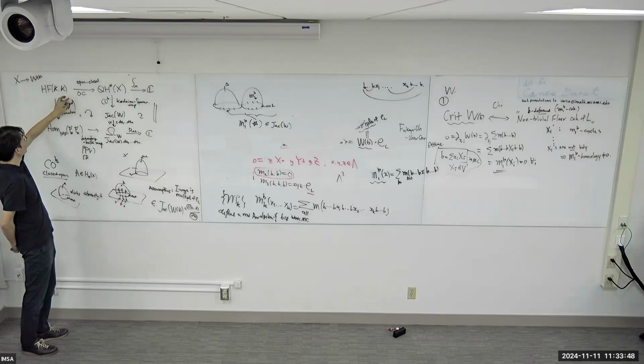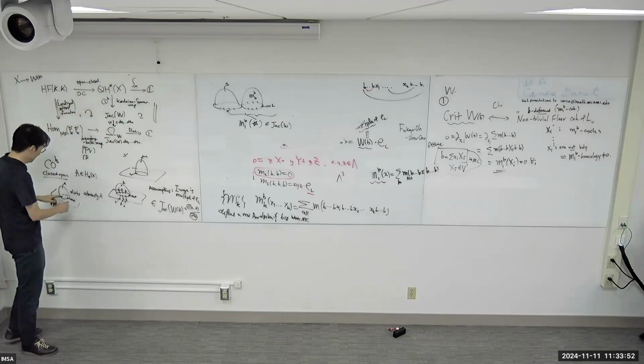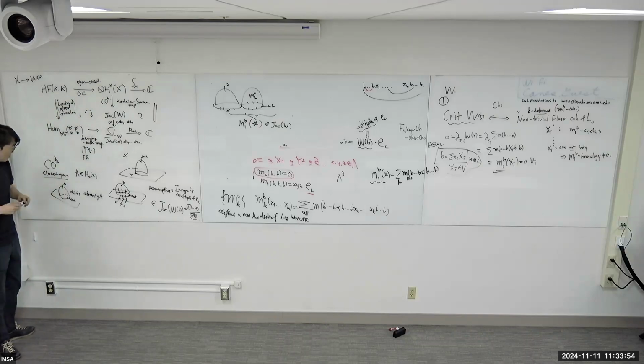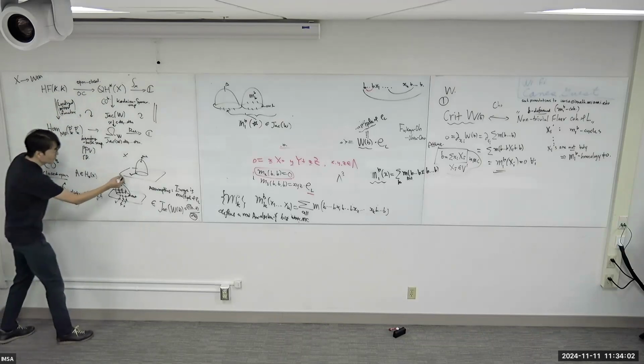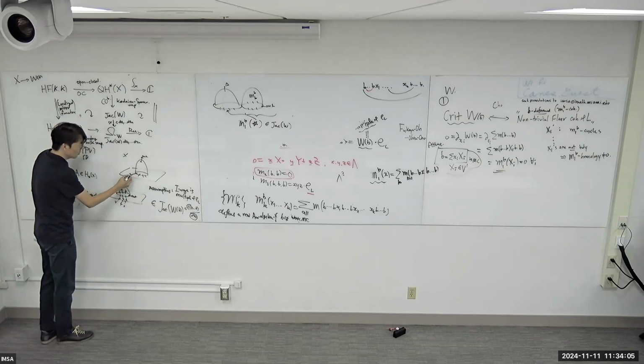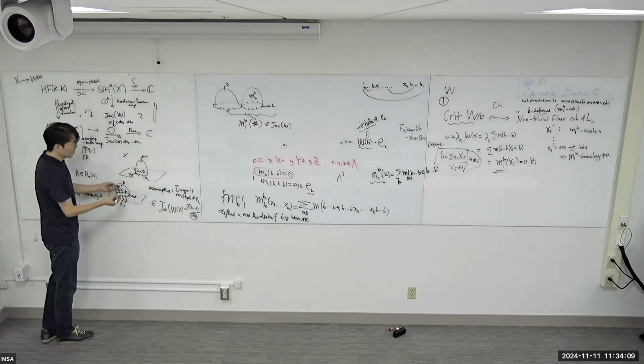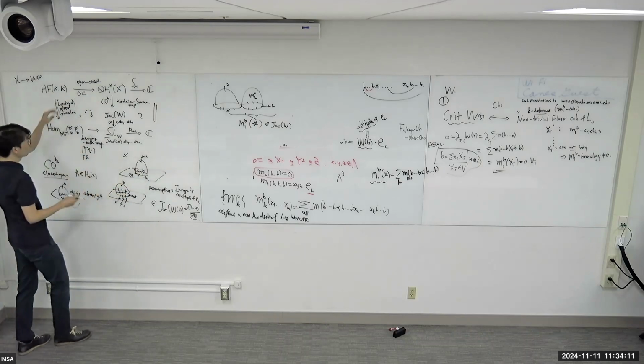Okay, the open-closed map is a map from homology to homology, but you can also do it by inserting many classes. You can interpret it as a Hochschild cohomology, because not only one class, but you can actually insert alpha 1 through alpha k.